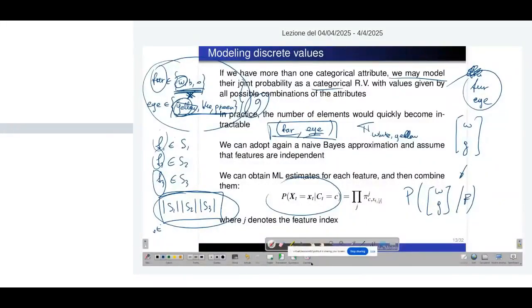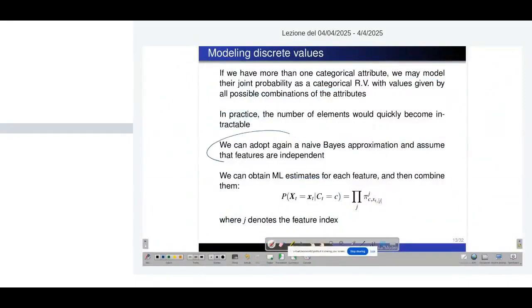One possible approach is to resort to the naive Bayes approximation again. Naive Bayes says that if I have multiple features in my dataset, I assume that the components, the features, are independent.